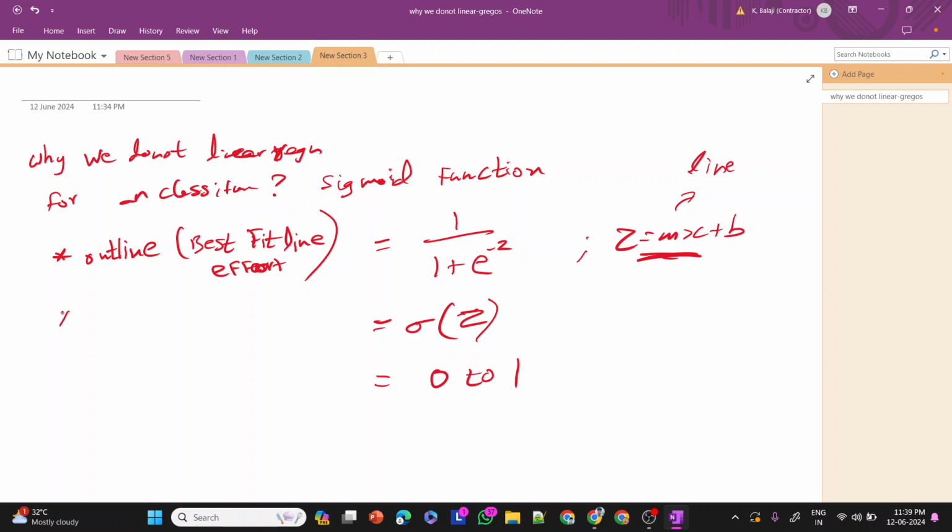And we need to squash this line between 0 and 1.